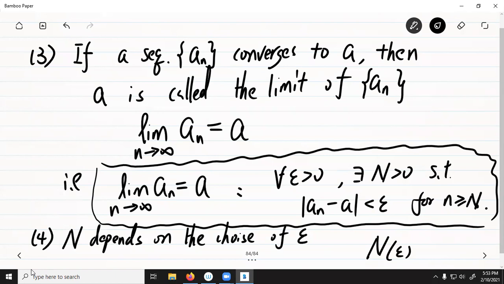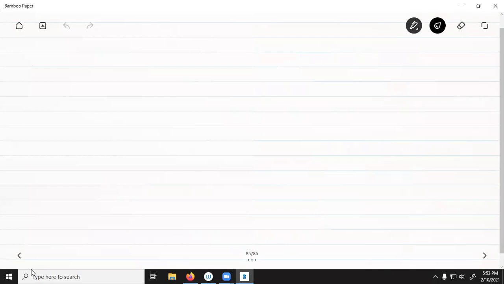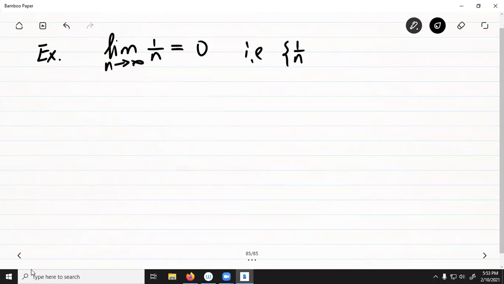Now we want to use this definition to prove some results. The first one is an example. We want to show that this limit is equal to 0. In other words, this sequence converges to 0.